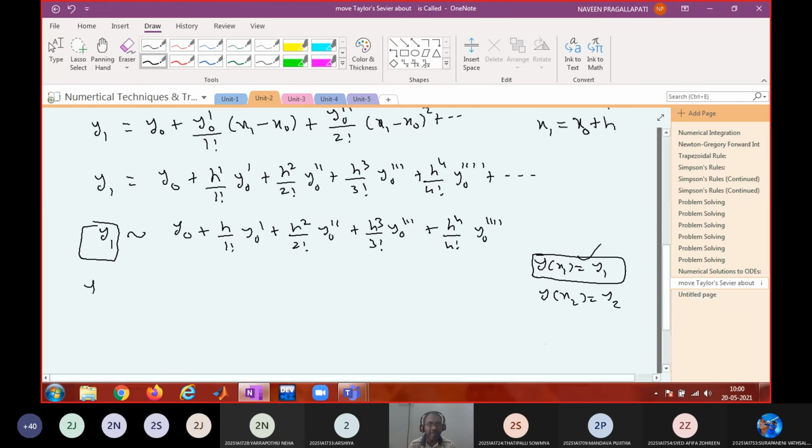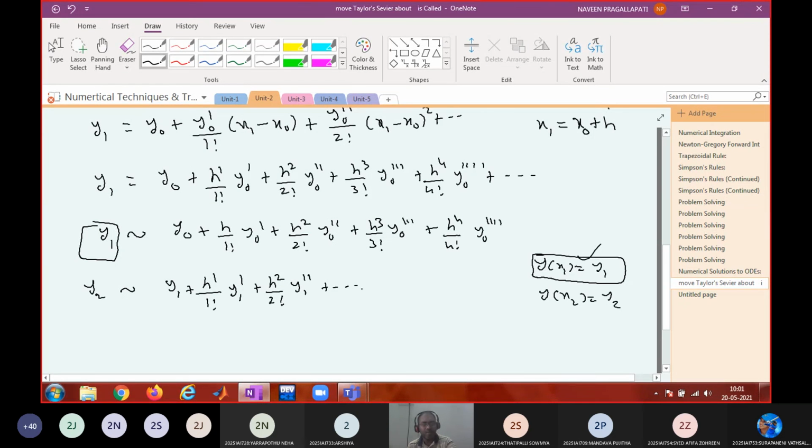Then what will be the y2 formula? Already we computed y1 just now. So y1 plus h power 1 by 1 factorial into y1 dash plus h square by 2 factorial into y1 double dash plus and so on.